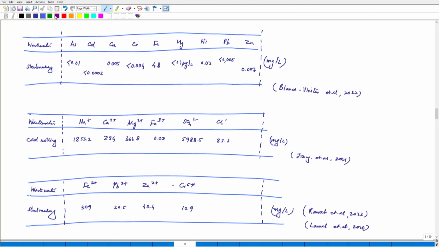So one really cannot club these wastewaters together. Ideally these wastewaters should be separately treated. We know that it may not be possible, but the chemical compositions vary a lot. So we will now discuss the chemical composition.